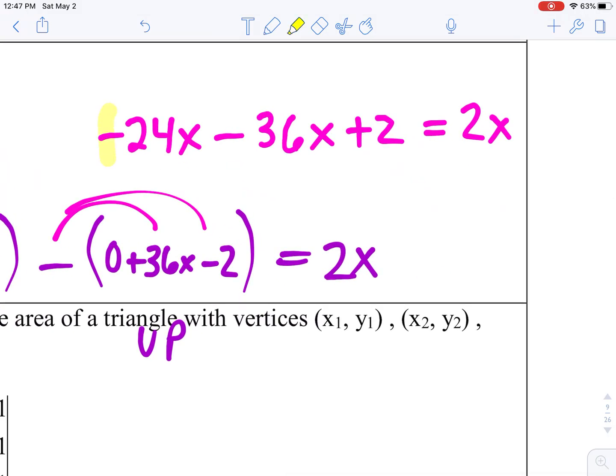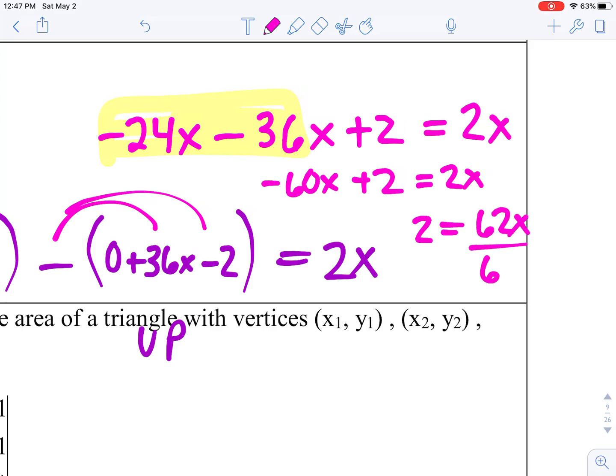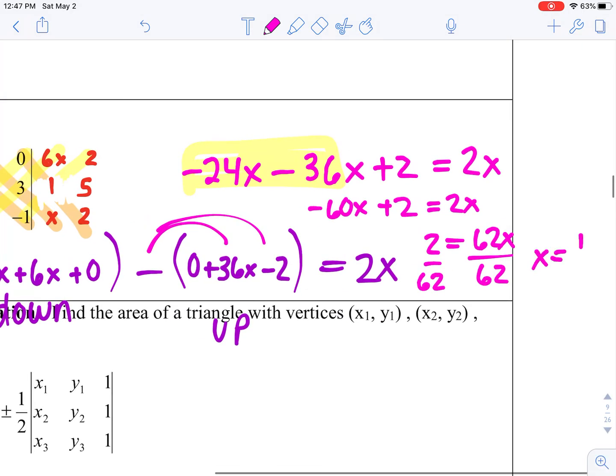All right, simplifying, let's see. That looks like it's negative 60x plus 2 equals 2x. If I add 60 to the other side, I get 62x. Divide by 62, and x is 1 over 31.